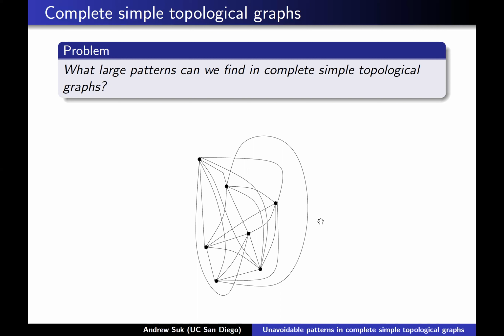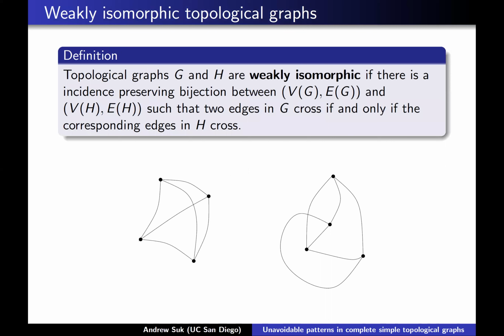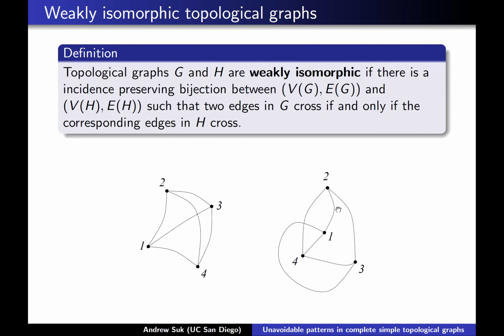But in order to make this question a little bit more precise, I'll need one more definition. We say that two topological graphs G and H are weakly isomorphic if there's an incidence preserving bijection between G and H, such that two edges in G cross exactly when the corresponding edges in H cross.